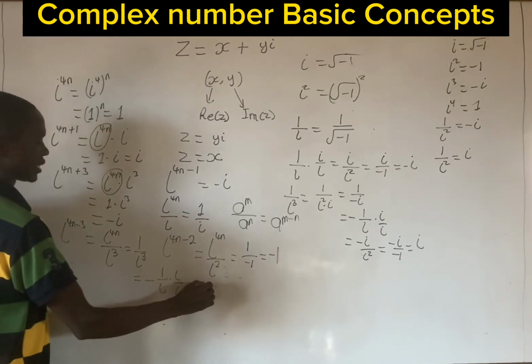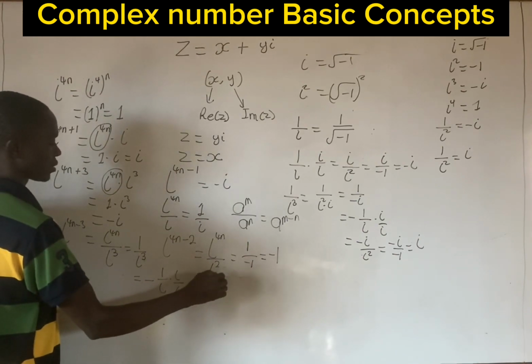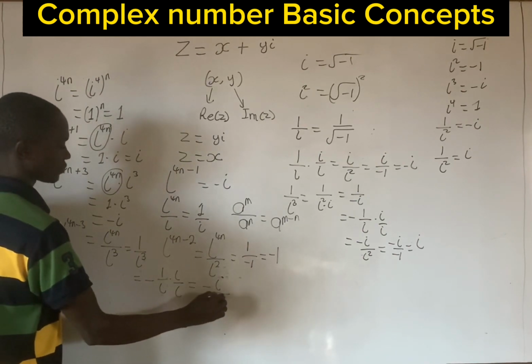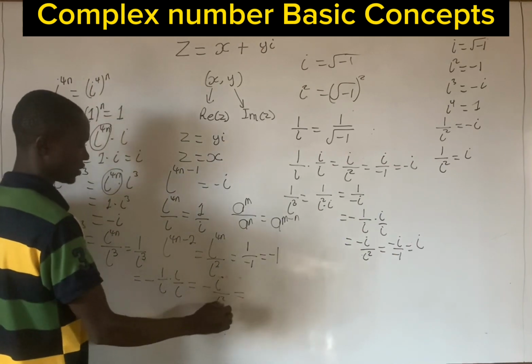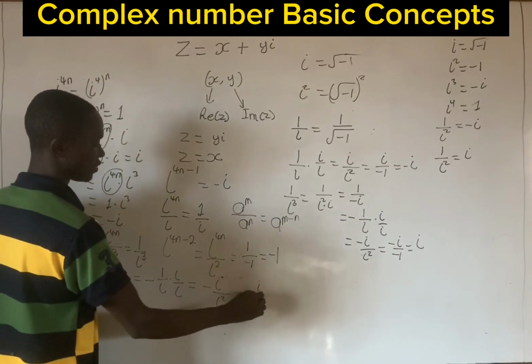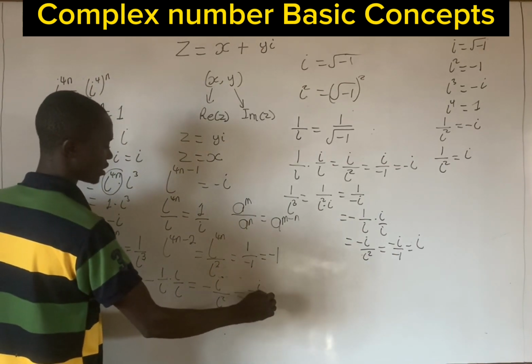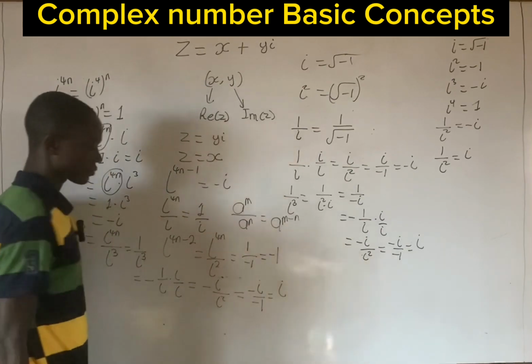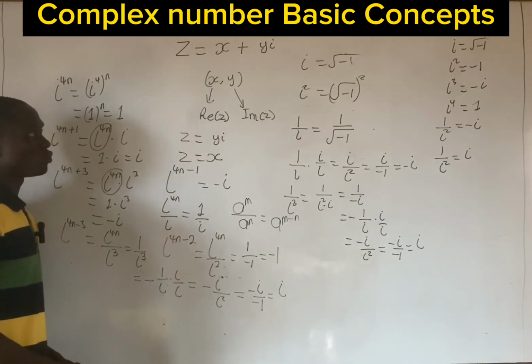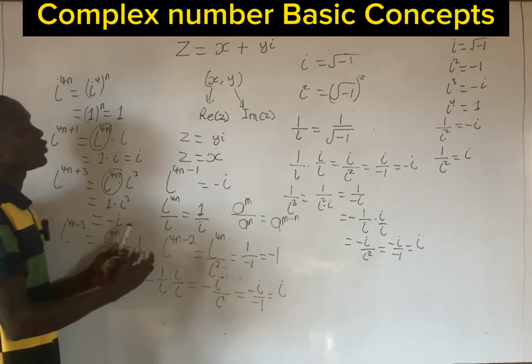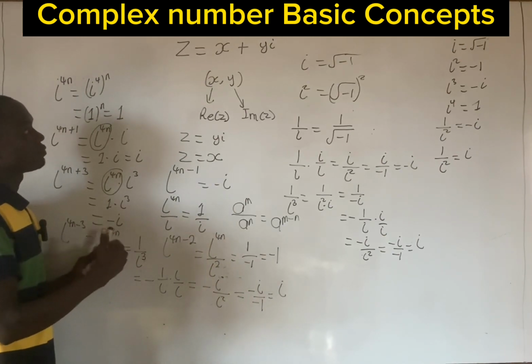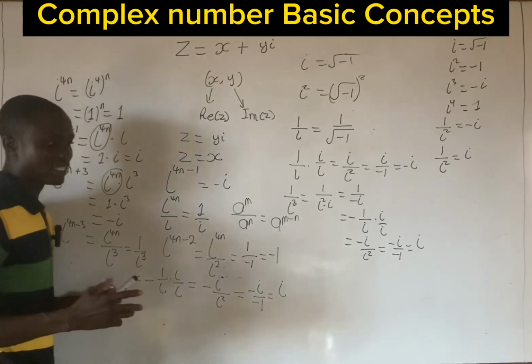This will give us negative i divided by i squared, which gives negative i divided by negative 1, which is equal to i, in a very simple way. So this is how we express some powers of i in a very simple way.